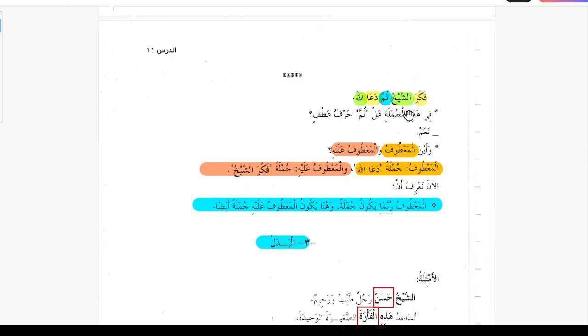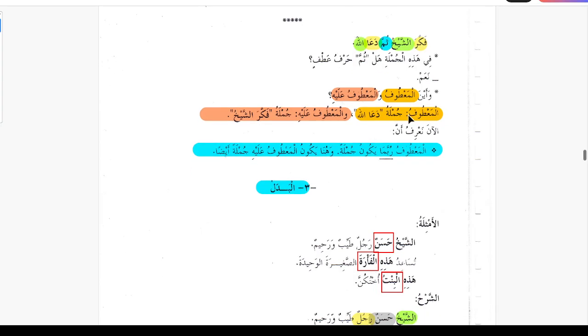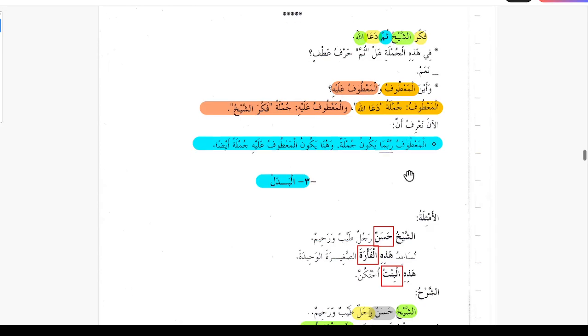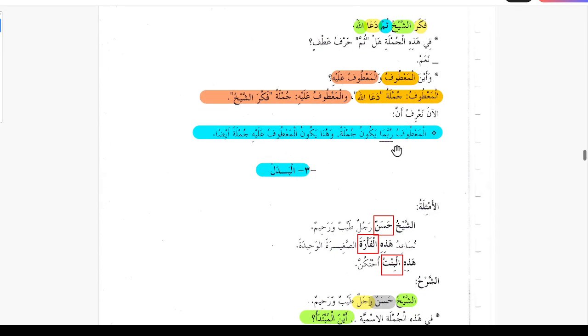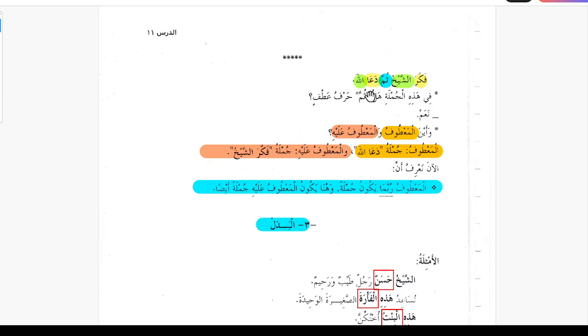So this is also possible. Now we know that al-matuf rubbama yakunu jumlatan, maybe a jumla, and here al-matuf alayh is also a jumla. So the matuf can be a word or a jumla.